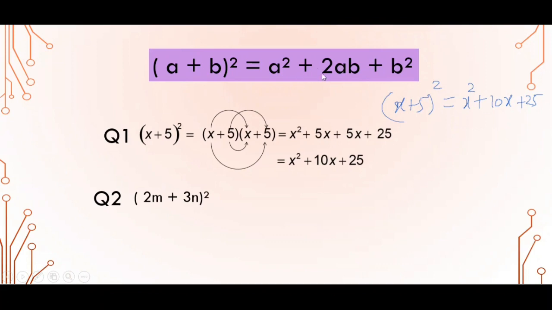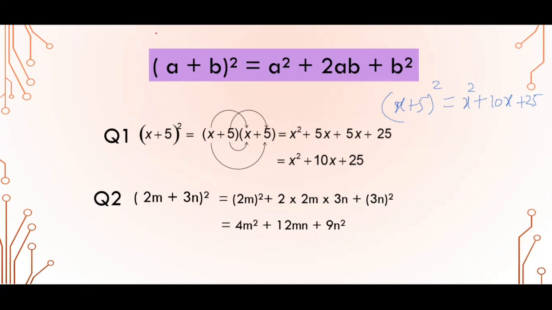Just put it in the form of the identity and you get a square means 2m the whole square plus 2ab means 2 into 2m into 3n plus b square means 3n the whole square. Now 2 square is 4 and m square is m square. 2 2s are 4, 4 3s are 12mn, and 3 square is 9. So that's how we get 4m square plus 12mn plus 9n square. Got it, children? Understood? So with the help of identities, things become much easier.